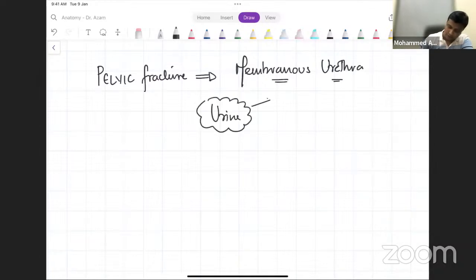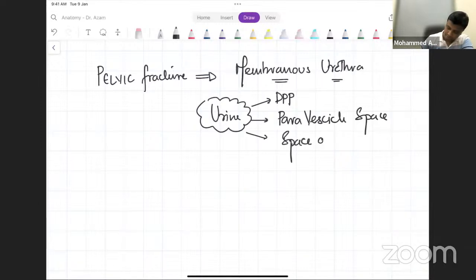Remember, the urine will go into the deep perineal pouch, and it will also go into the paravesical space. Apart from that, yes, the space of Retzius. So the deep perineal pouch, the paravesical space, and the space of Retzius. It can go there.